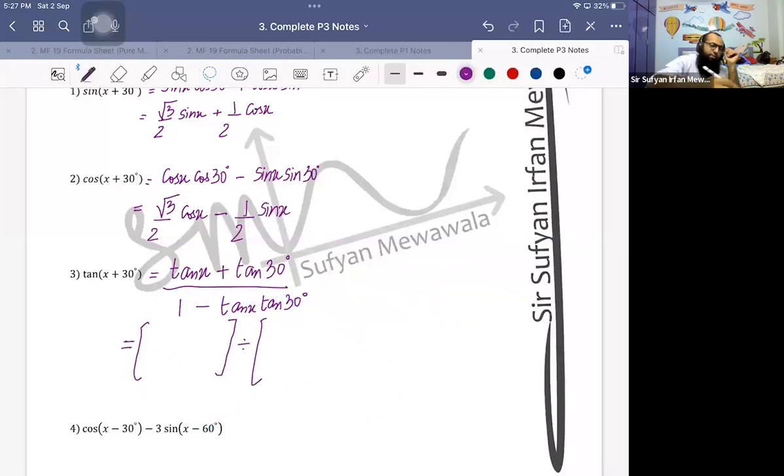So tan x plus tan 30, and the value of tan 30 is 1 over root 3. Tan x plus 1 over root 3 divided by 1 minus tan x times 1 over root 3.